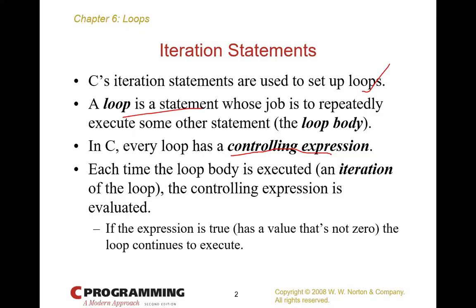Each time the loop body is executed, the controlling expression is evaluated. So whenever we execute something in the loop, we check this controlling expression if it is still true or false. If the expression is true, that means it has a value that is not zero, then we evaluate the body of the loop.